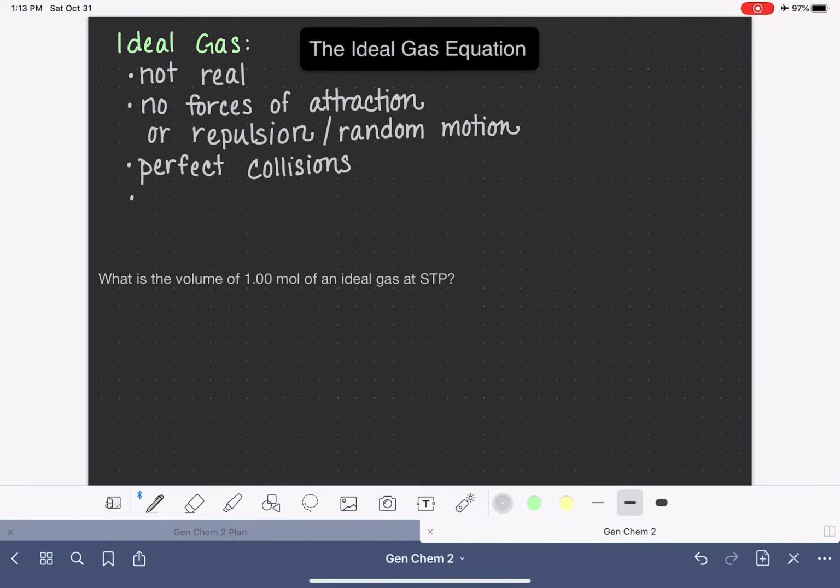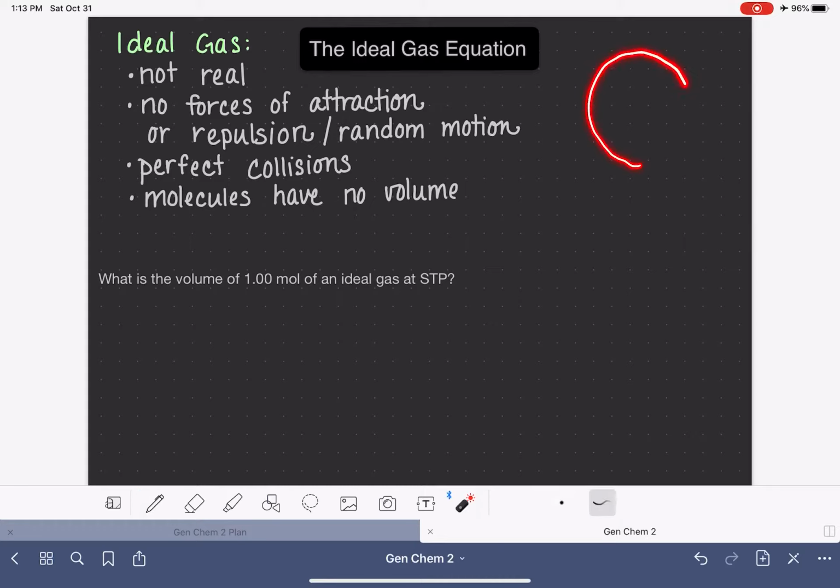The last assumption that we make about an ideal gas is that the molecules in the gas have no volume. Don't get this confused. We are not saying or assuming that gases have no volume. We are saying that the molecules themselves inside a sample of gas have no volume.